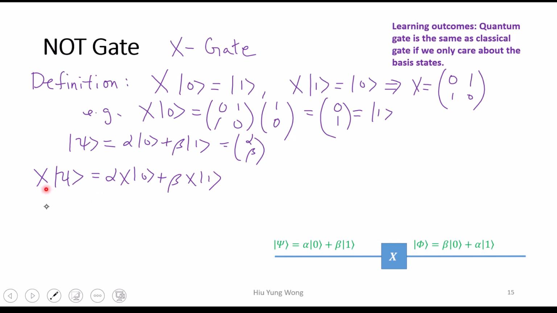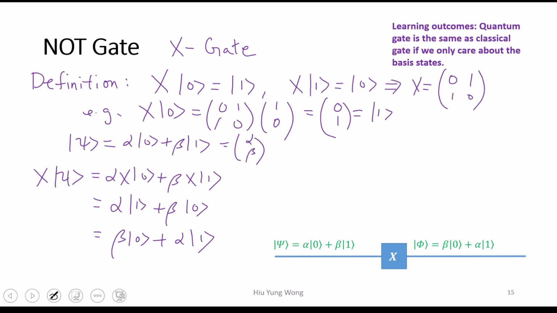Remember that X is a matrix and this is a vector, so I can apply it to the individual terms. By the definition, X on 0 is 1, and X on 1 is 0. So I get beta 0 plus alpha 1. You can say I swapped the coefficients.